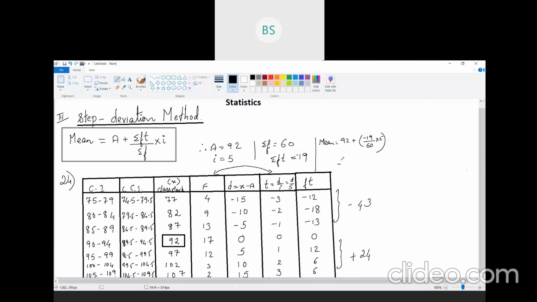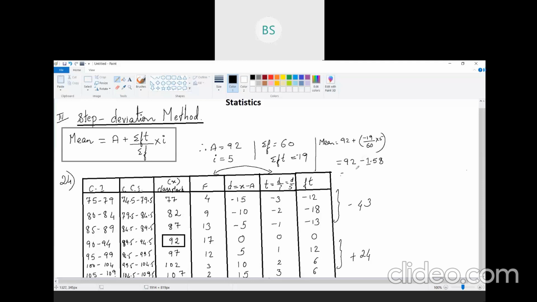So this will be 92 minus 95 divided by 60, which will give us 1.58.